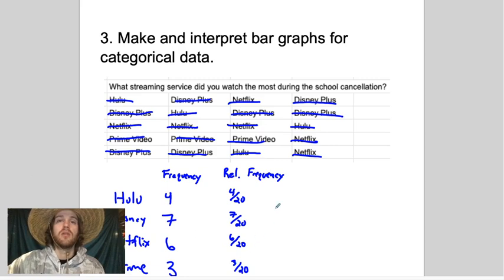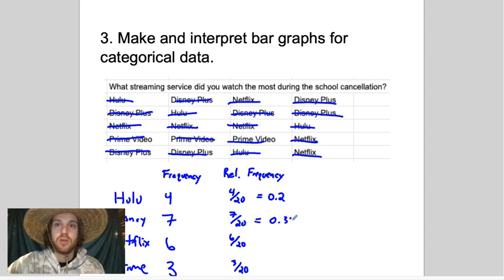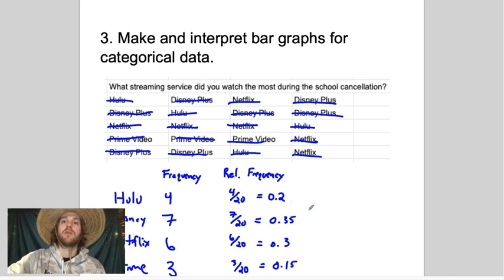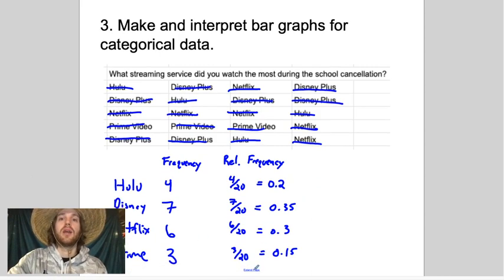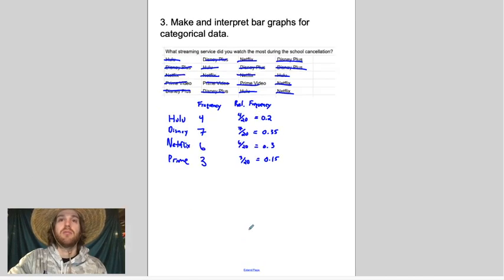So that would be 0.2, 0.35, 0.3, and 0.15. So we can express them as decimals. Okay, so what we're going to do here is make a relative frequency bar graph.